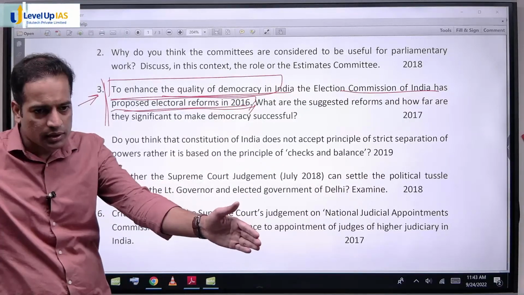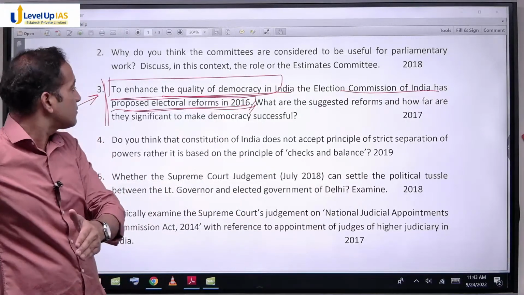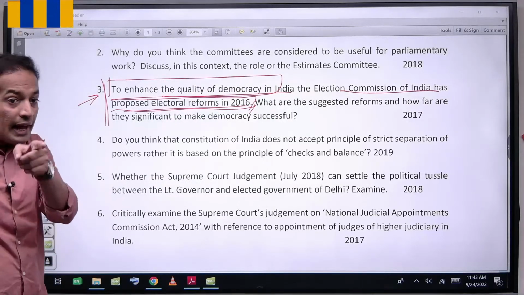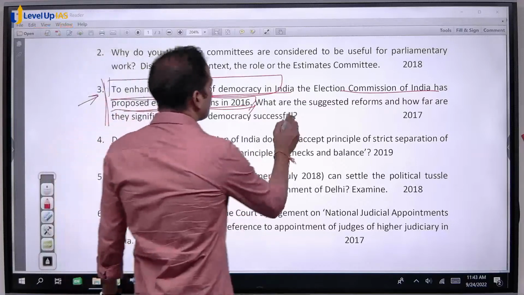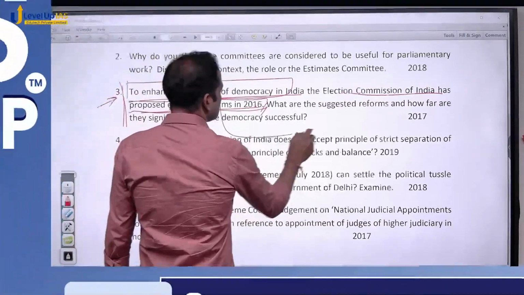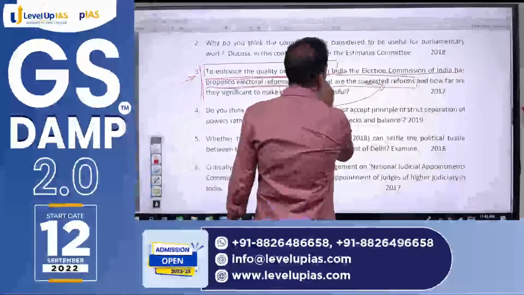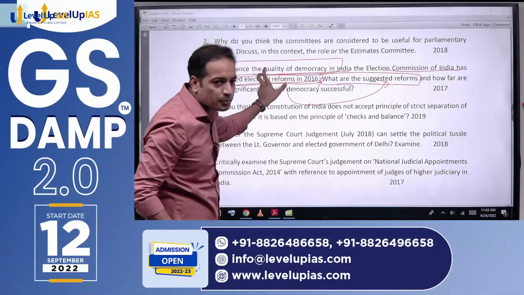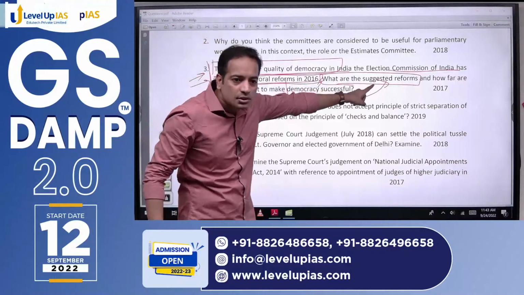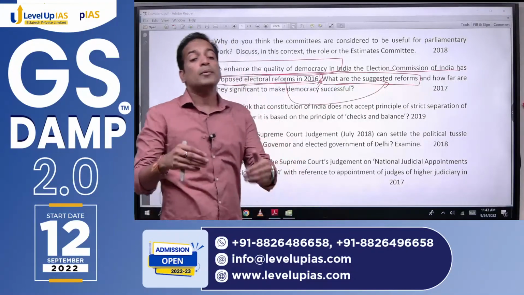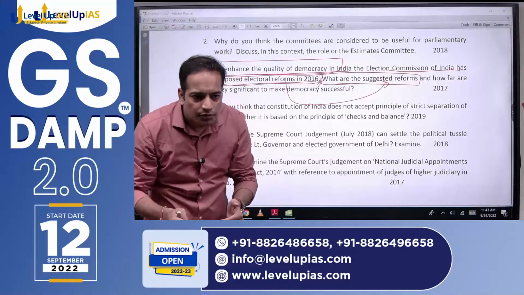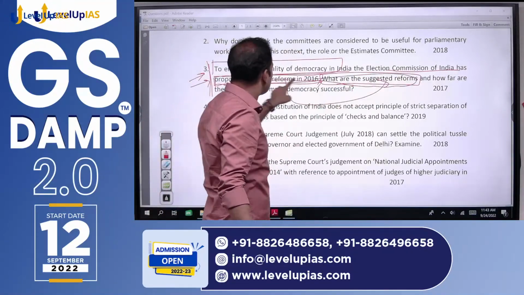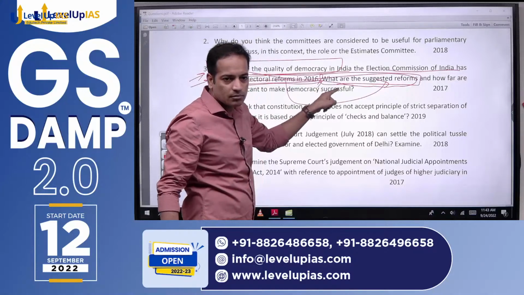Elections, democracy, then facing challenges, and then what are the suggestions. And then what you see again, this portion and this portion, they are the same. First it asks what reforms are proposed, and next part says what are the suggested reforms. So the moment you are writing the reforms that are suggested, both these parts of the question have become the same, right?